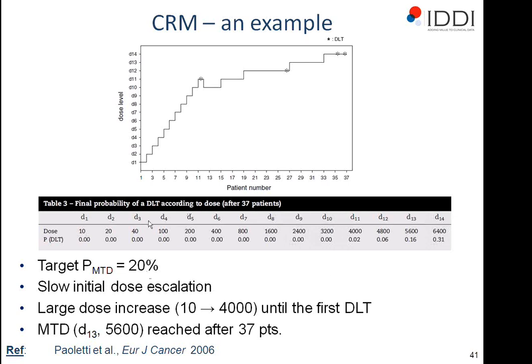Initially single patients were put on the doses, and there was very slow initial dose escalation, which means that they started with too low an initial dose, and it took a lot of time to reach the first DLT level, and only then they started to put more patients at the levels around the area where the toxicity was appearing.